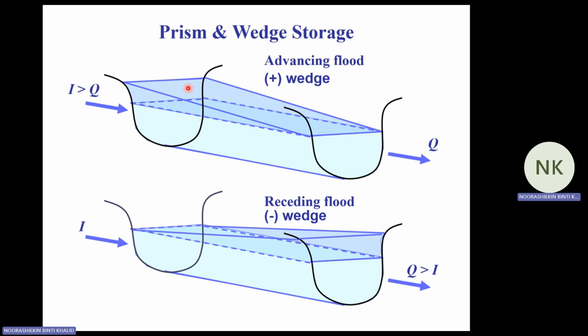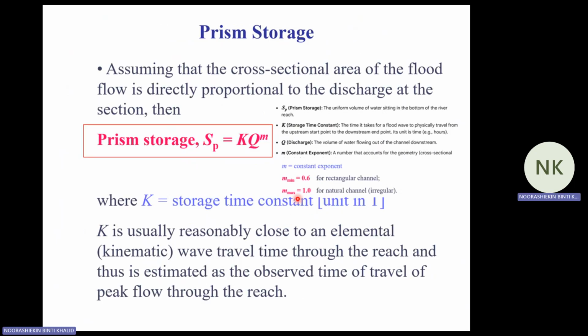When the inflow is greater than the outflow, the wedge is positive; we call it an advancing flood, or positive wedge. If the inflow is lesser than Q, it is called a receding flood wedge, or negative wedge. So this is the formula for prism storage.